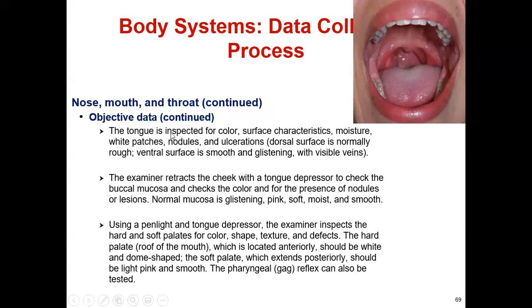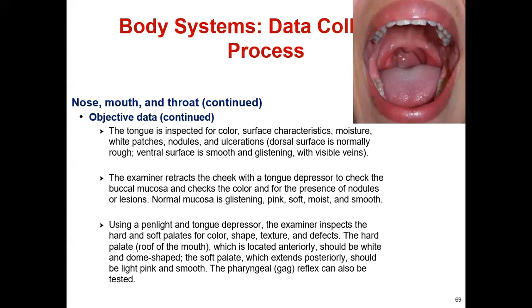The tongue is inspected for color and surface characteristics. The small granules over the tongue are normal. But if the patient has a disorder, the tongue will look smooth, which we call a beefy tongue, for example in vitamin B12 deficiency.